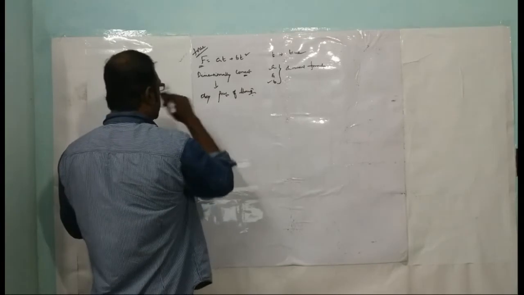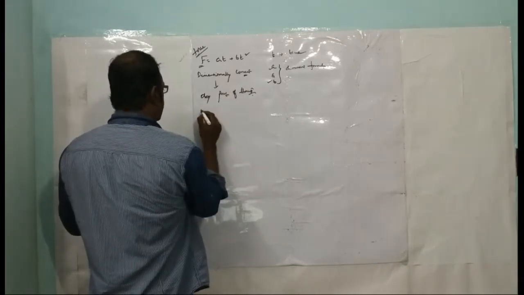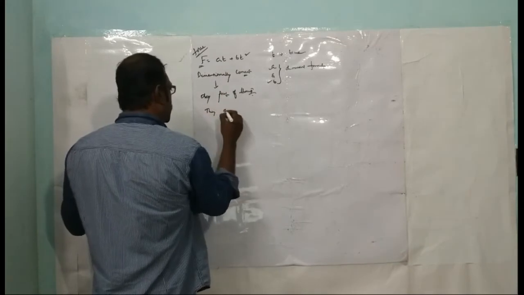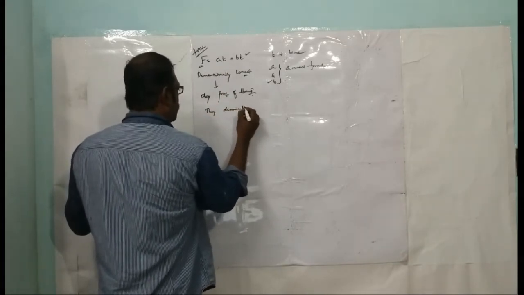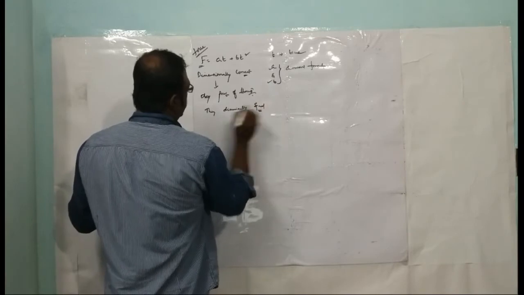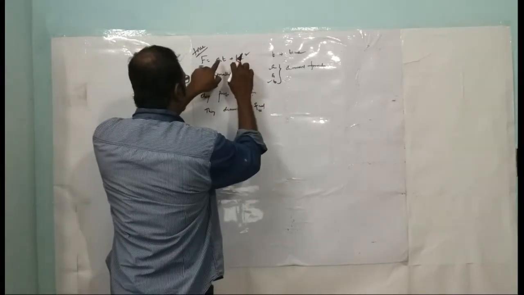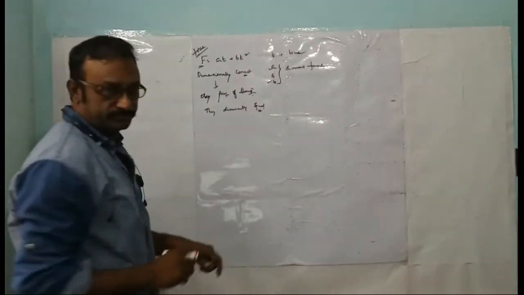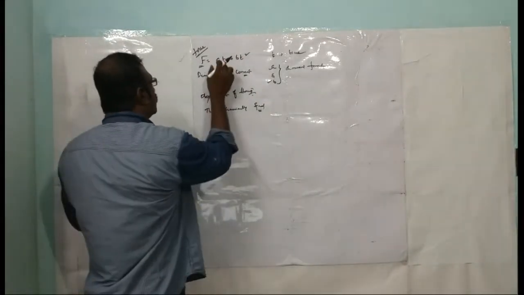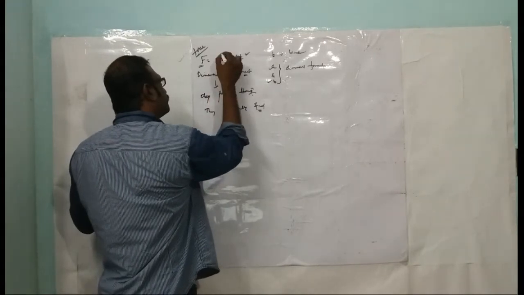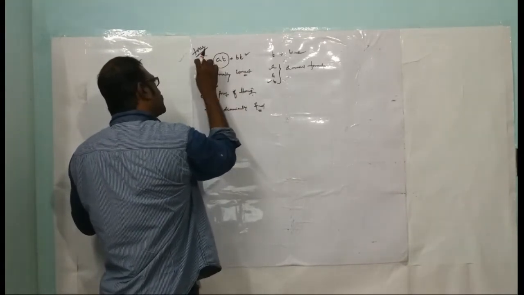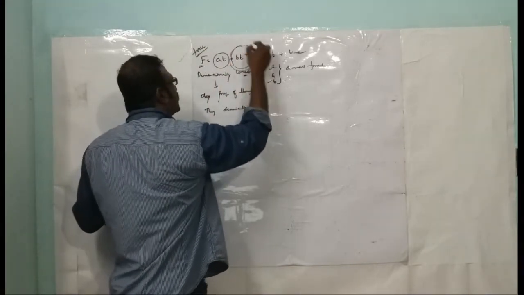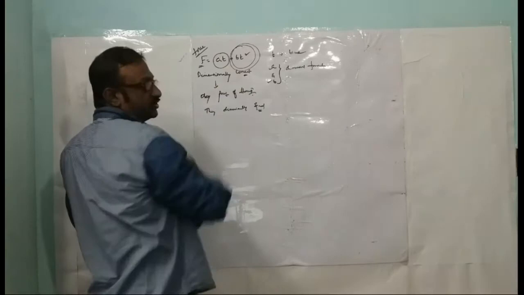So if these two are to be added, they should be dimensionally equal, and their dimension should be equal to the left hand side. So the dimensions of this one are equal to the dimensions of F, and the dimensions of this one also should be equal to the dimensions of F.